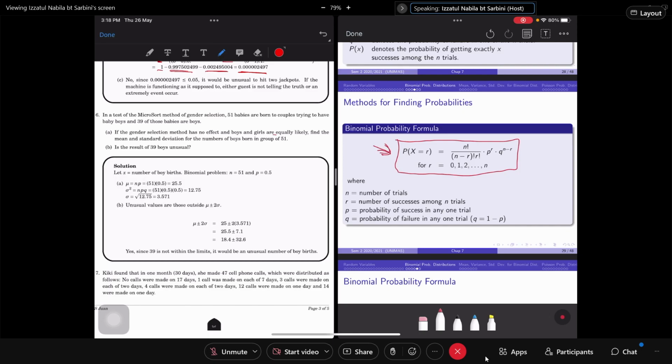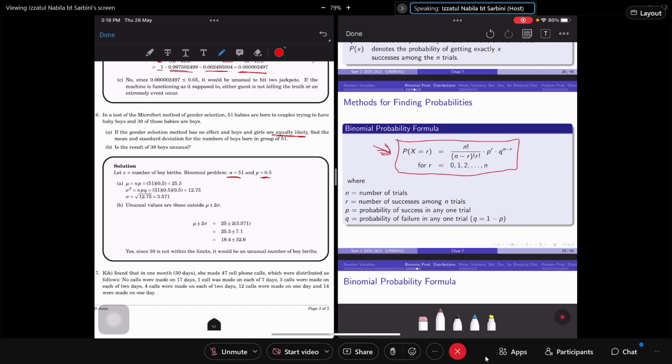So this one tells us the probability for getting boys and girls is equally likely. So that means the probability for getting either one is equal, the same. So it's 0.5, right? And the number of, not trials, the babies born is n equals to 51, right?